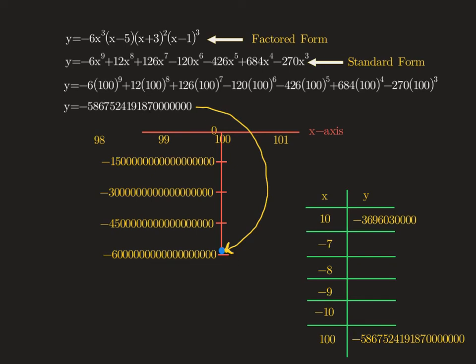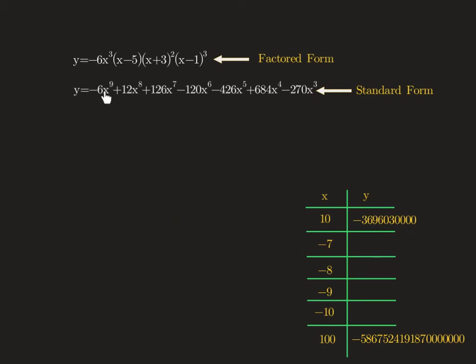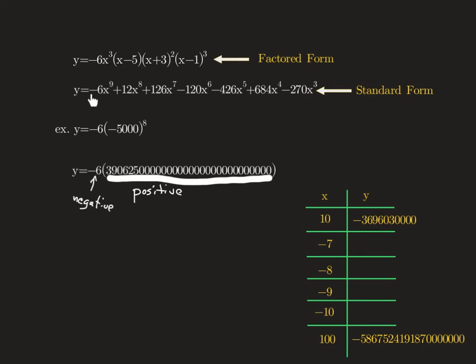So in summary, none of these terms matter when you start getting far to the right of your graph, or far to the left is the same issue. The only difference with the far left is you are putting a negative number in for x, so you have to be careful. If the degree of the polynomial, or let's say the degree of the largest term, is an even number, then this part of the term will be positive, and then you multiply by whatever this part is.